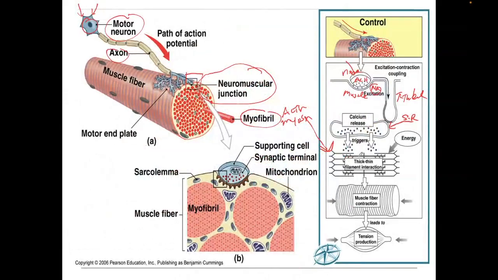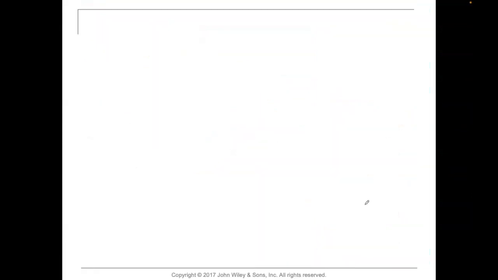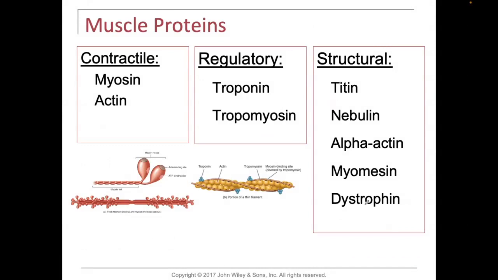So the calcium is released, acting on the thick and thin filaments, the actin and myosin, and a muscle contraction will take place. And the term contraction means that there's tension being generated. So when I come back, we're going to review the parts of the sarcomere and try to understand what calcium's role is in the contraction.